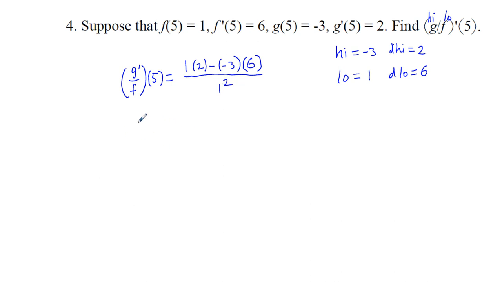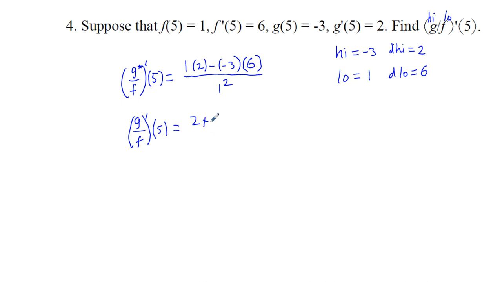And so (g over f)' prime, I have it outside the parentheses here, like this. There we go. (g over f)' of 5 is going to be equal to 2 minus negative, okay, it's going to be 18.